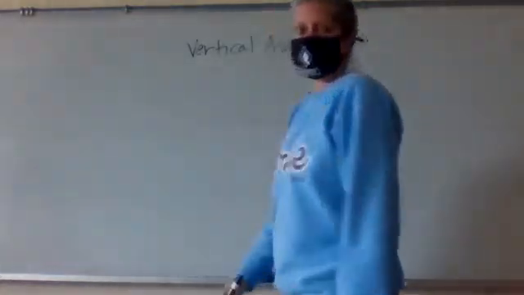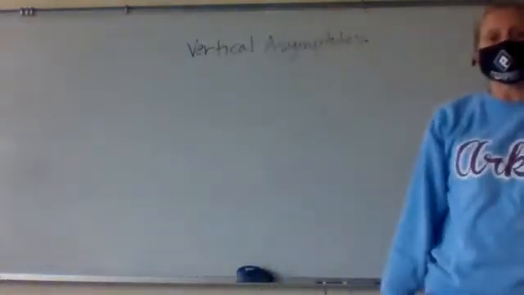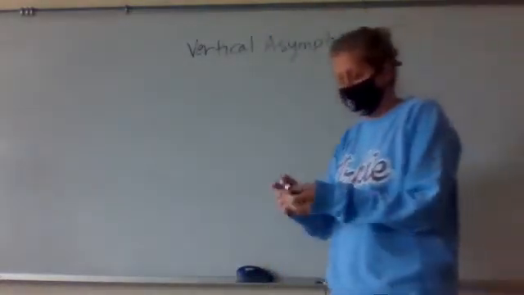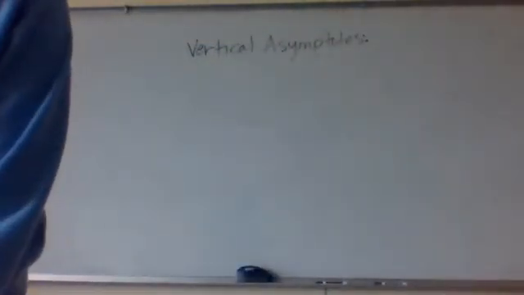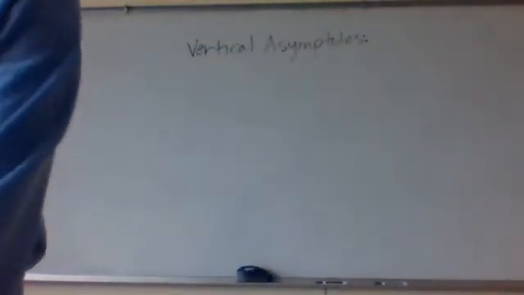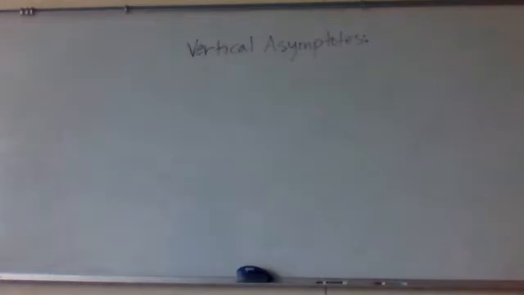The vertical asymptotes, kind of convenient that it comes right after domain, because vertical asymptotes are also found at zeros of the denominator as long as they are not also zeros of the numerator.